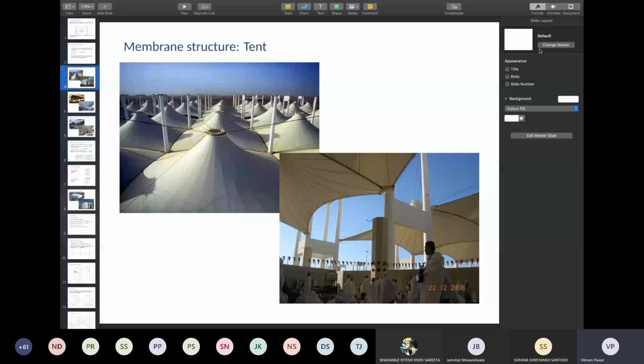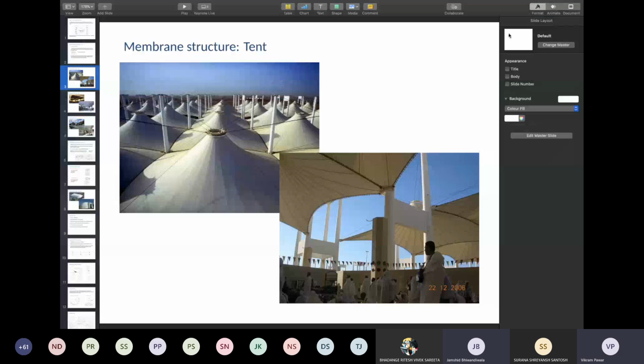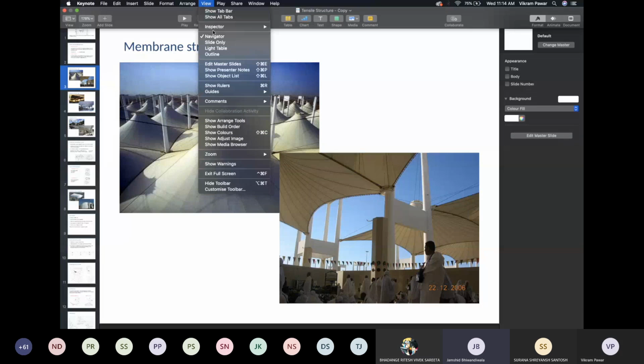I'm not able to hover the cursor around over here, so I'll exit this. Maybe I'll view. You can see your cursor. Now we can see all this. Yes, you can keep it in this mode and go ahead. I'm just removing this. Even if it's on, the slide is pretty much clear, unless there is a lot of written material, then you may have to go into full screen mode.